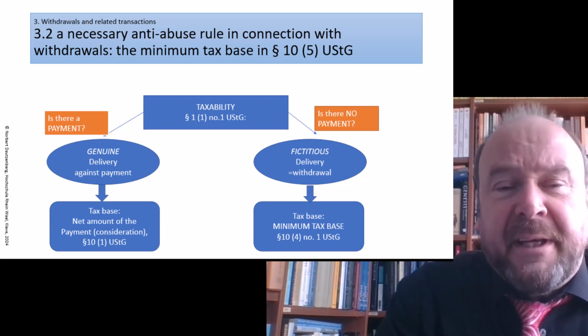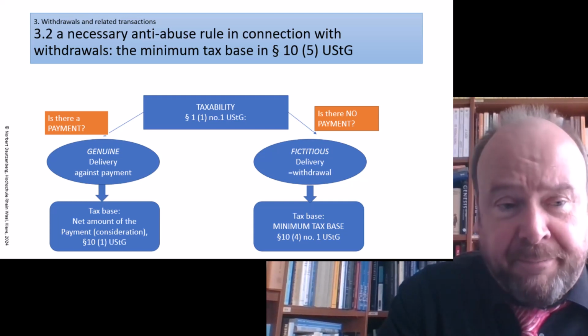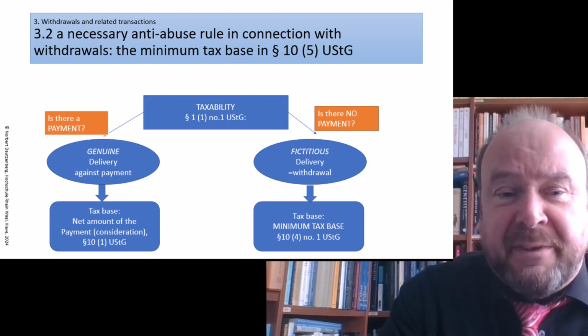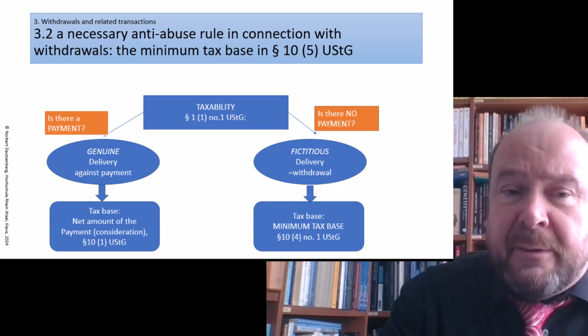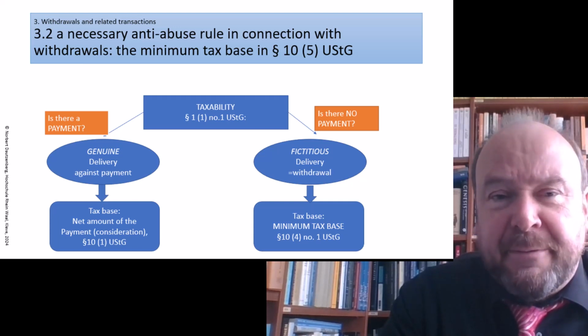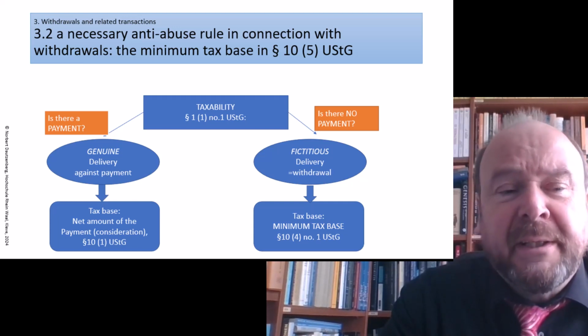You see here on that small chart that we have two different alternatives to end up with number one. We have first the question, is there something for consideration going on?